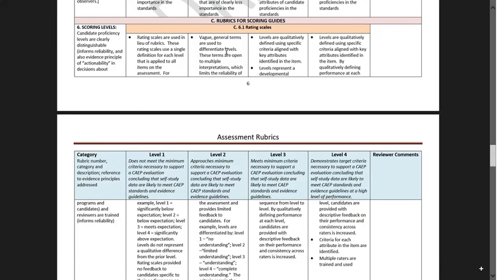And it talks about vague and general terms used to differentiate levels. And I think we saw an example of that as well when it talked about, well, a candidate diversifies instruction at this level but does not motivate.